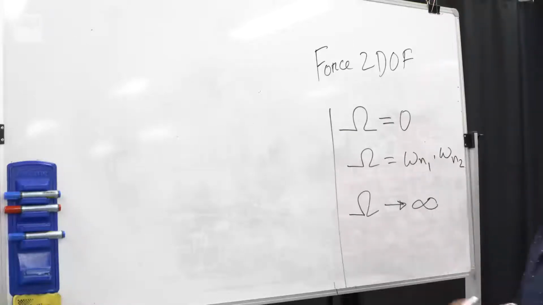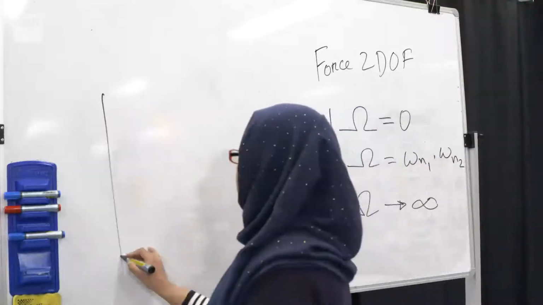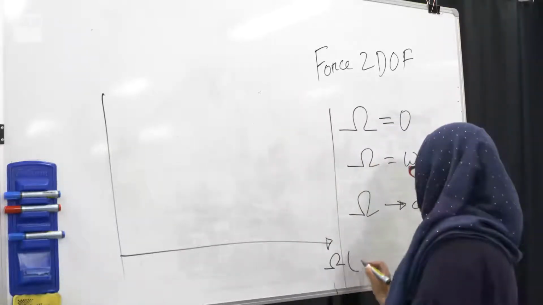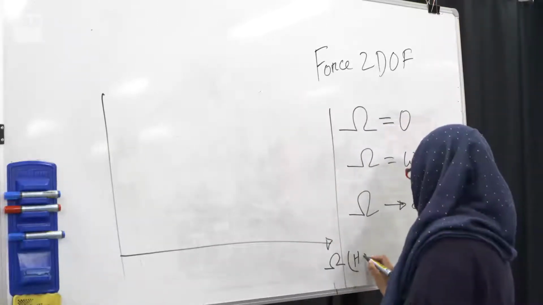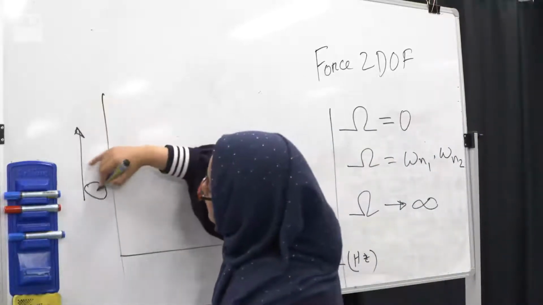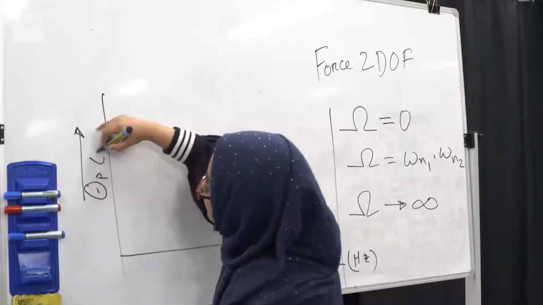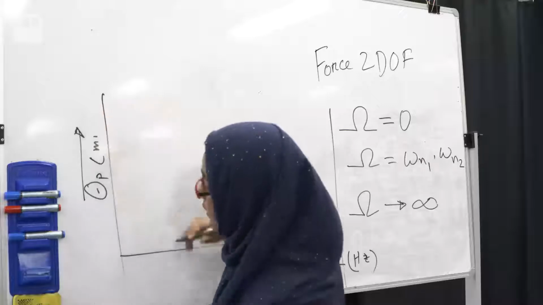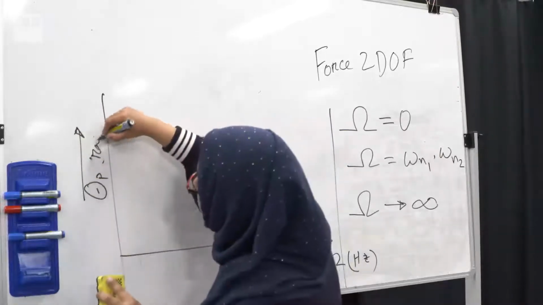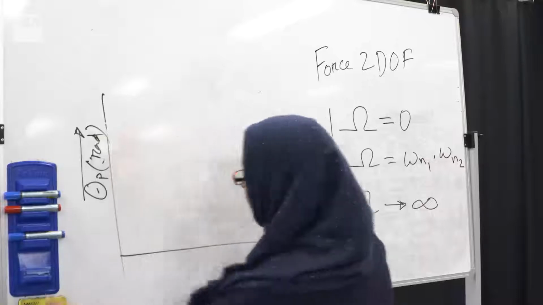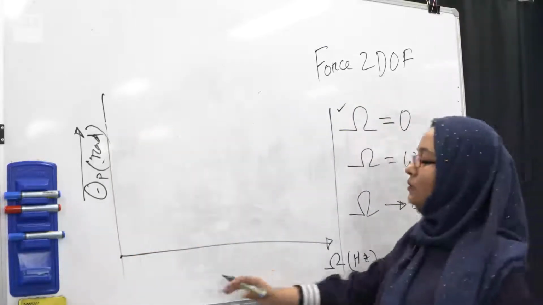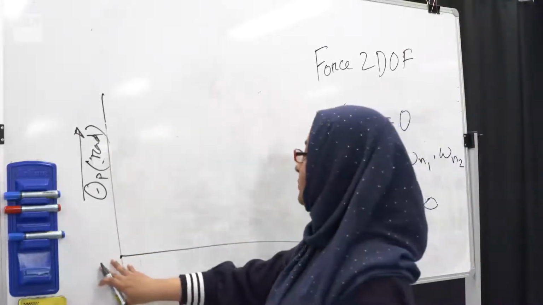Okay. Let us draw this diagram again, where the x axis represents the forcing frequency in hertz, and the y axis, capital P, is the amplitude in radian. So, at 0 value, which is the first case, the amplitude would also be 0.